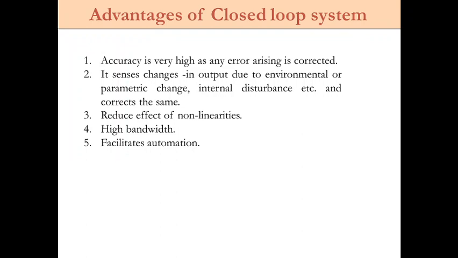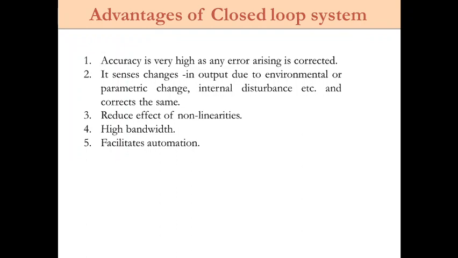Then the fifth one is that it facilitates automation. In automation, it is always required to measure the output. If you automate a particular manufacturing process, once you get the final finished product, you need to do all the testing, that is, quality testing. If anything is missing or there is any deviation from the required quality of the product, you need to change the controlling actions or even some of the processes.